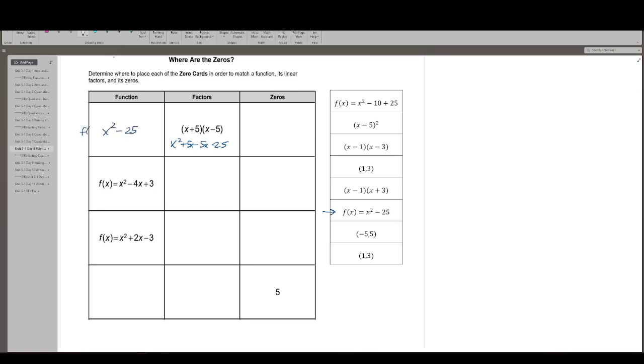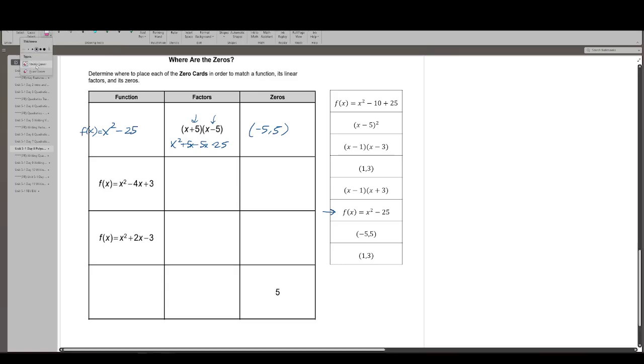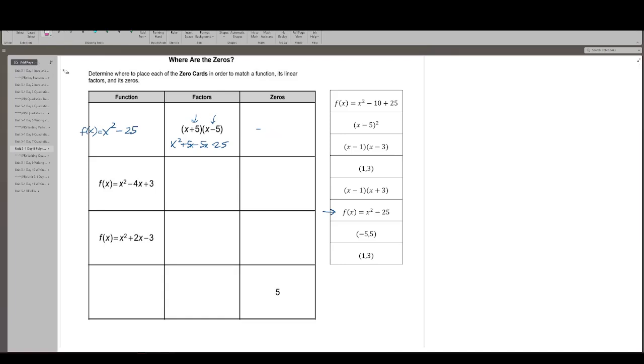It does say function, which is an equation, so we need f of x. The zeros for that are going to be -5 from this one and +5 from that one. So -5, 5. I do not like writing that as a where it looks like an ordered pair, so hold on, let's not do that.